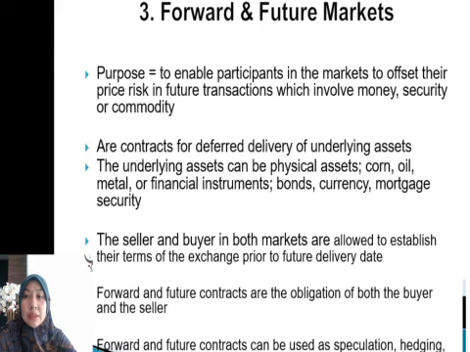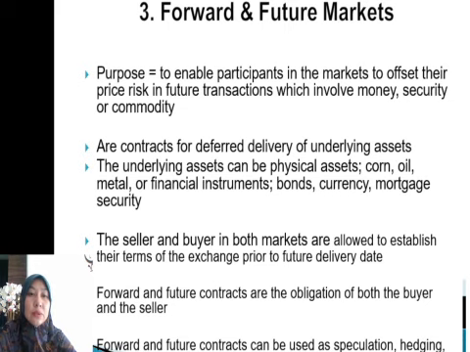Under the types of financial market, what are the forward and futures markets? The forward and futures markets enable participants to offset their price risk in future transactions which involve money, securities or commodities. All these products are basically for risk management, mitigating future risk.